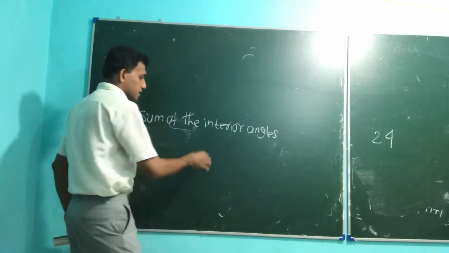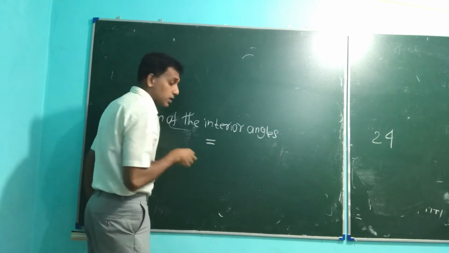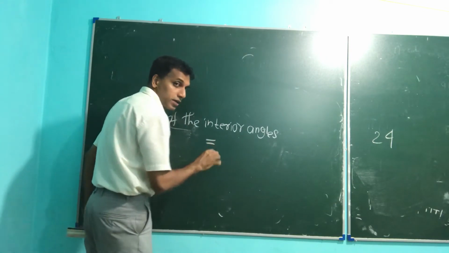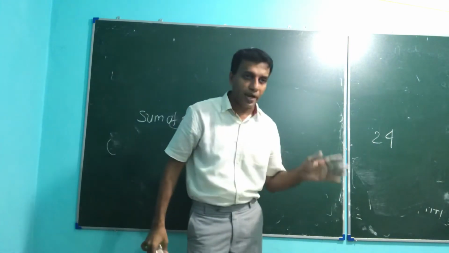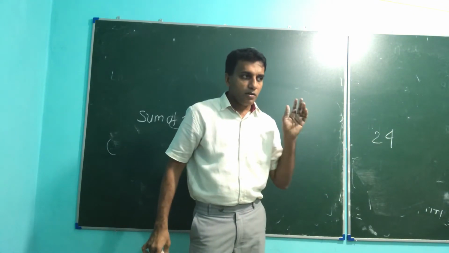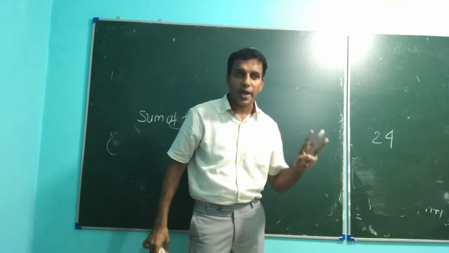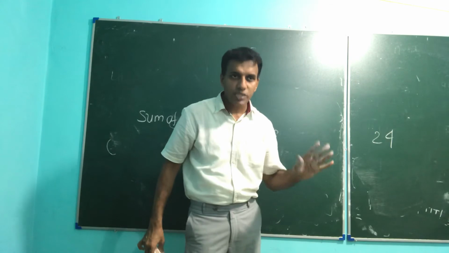So what is the method? If 10 sides, 8 triangles; 5 sides, 3 triangles; 7 sides, 5 triangles.